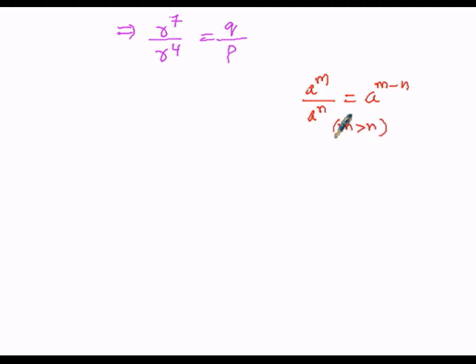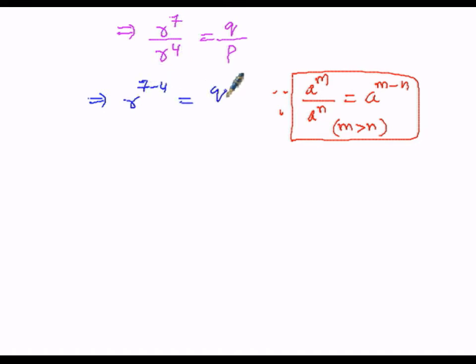So r power 7 divided by r power 4 can be written as r to the power of 7 minus 4, and q by p is written as it is.